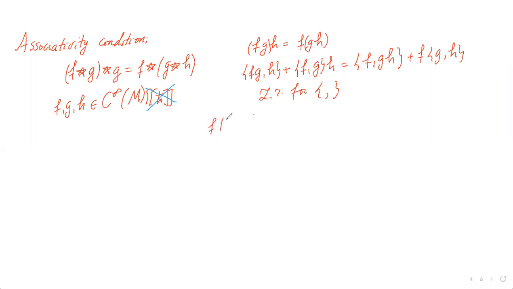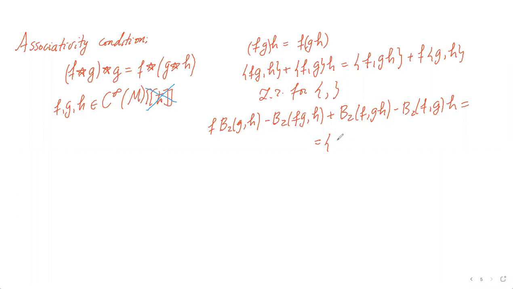F B2 of GH minus B2 of FG H plus B2 of F GH and minus B2 of F G H should be equal to, up to sign, which I totally mess, plus or minus, I think it should be minus, the corresponding bracket terms.